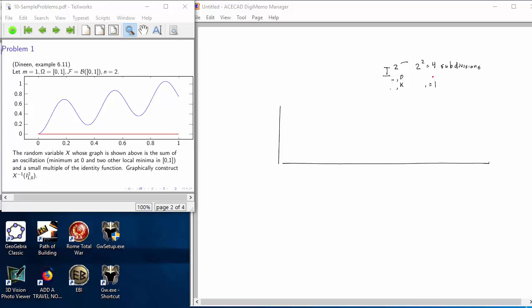Well, m equals 1 means that the random variable is bounded above by 1.